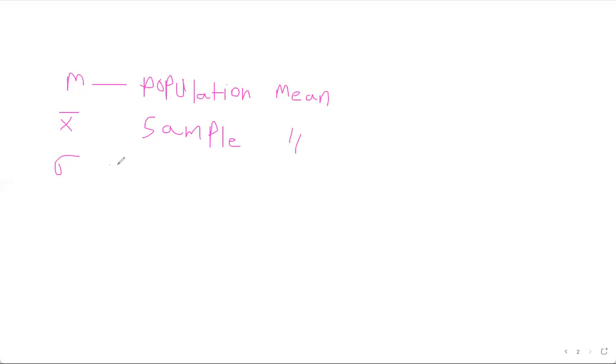Sigma is population standard deviation. And then SD is sample standard deviation. I'll tell you what these are. Just remember this, okay?